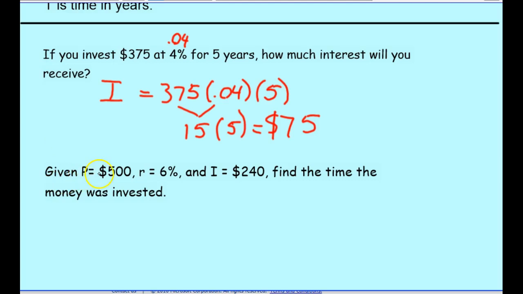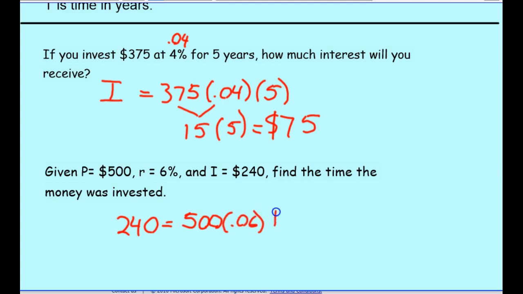Now it says given P equals $500, R equals 6%, and I equals 240, find the time the money was invested. Well, we know that our I is 240, so we can write that out. Equals our P, which is our principal or our money. We know that we have $500 times the rate, which is 6%, so written as a decimal is 0.06.